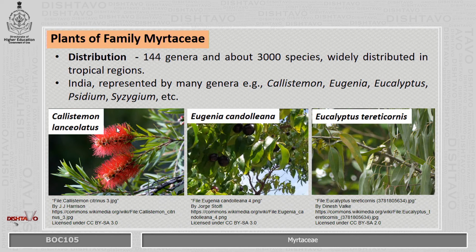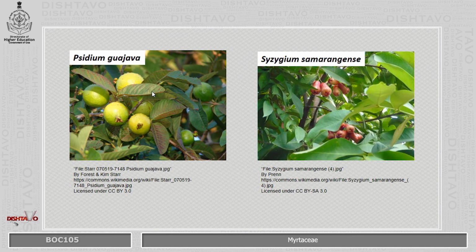You can see here the scarlet red stamens, and it gives this type of spike inflorescence, and it is commonly known as the bottle brush plant. This is Eugenia kendalliana plant. This is Eucalyptus tereticornis. This is Psidium guajava, Syzygium samarangense.